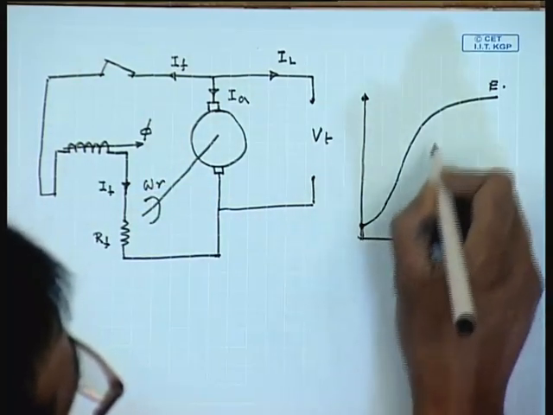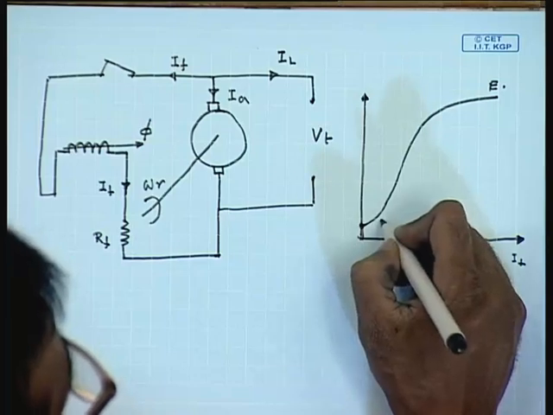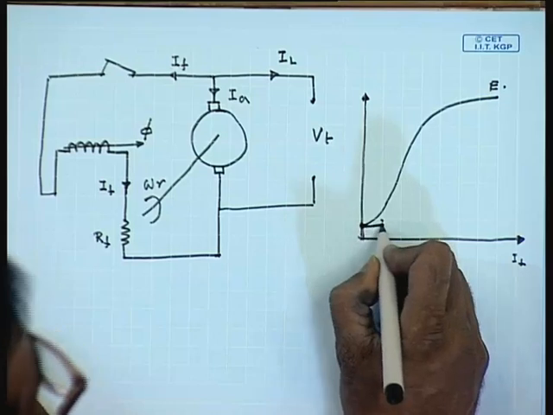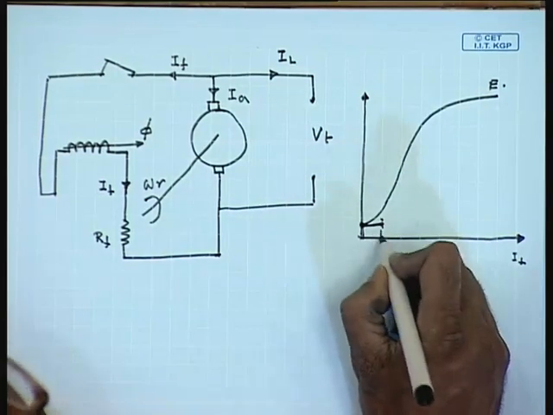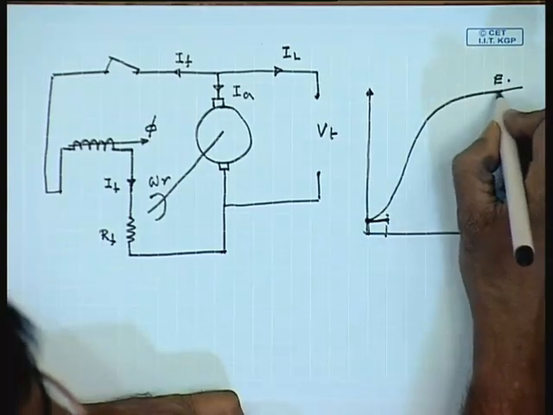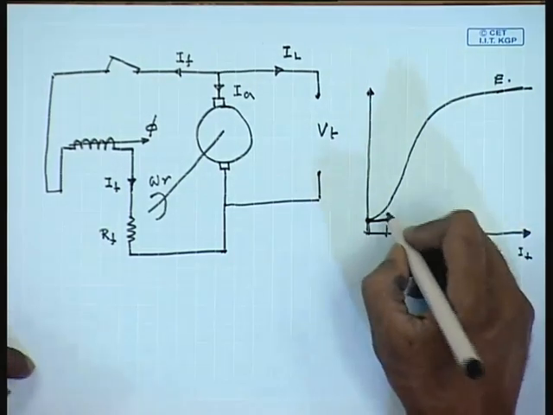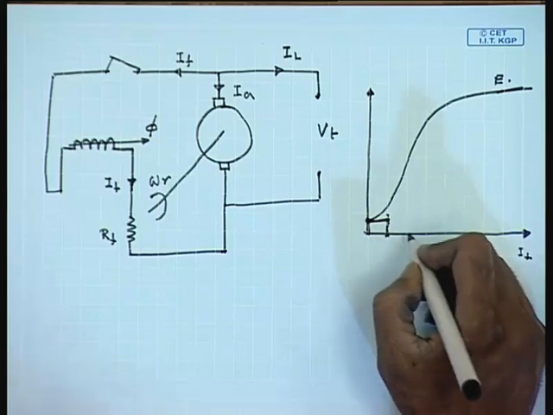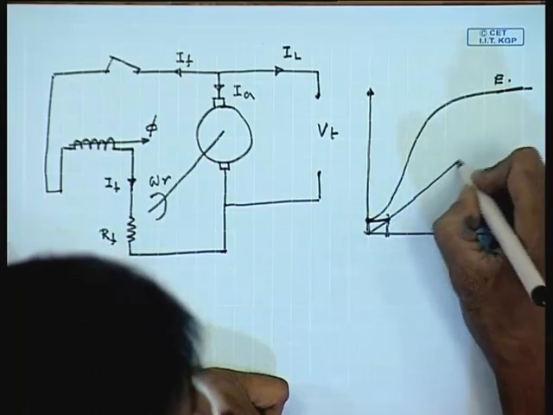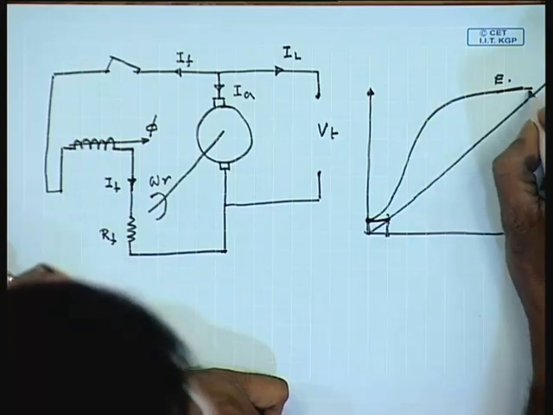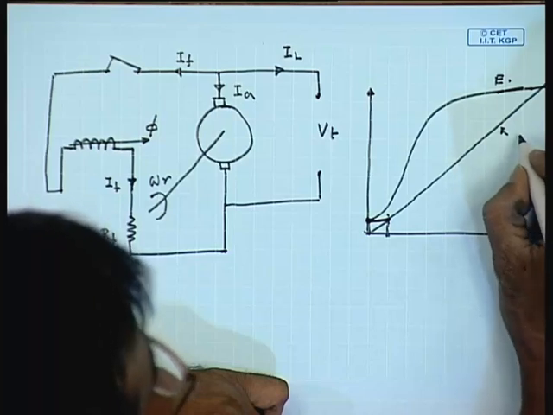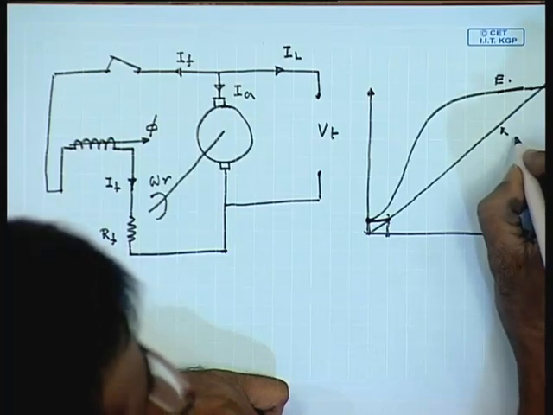Its magnitude will be equal to the generated terminal voltage, which is same as E here, divided by the field resistance. So, this is the field resistance characteristics, this is the field load line.